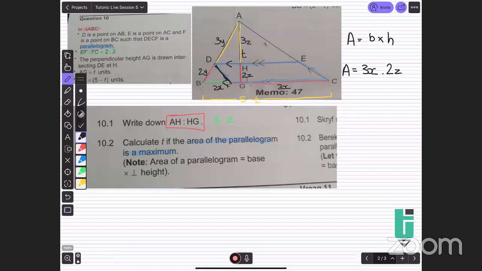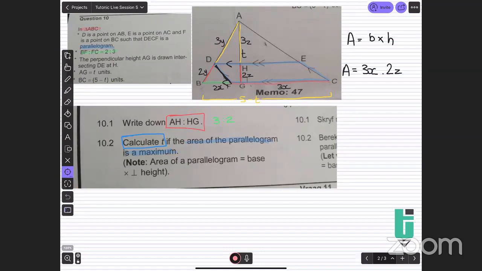Okay. What's the problem now, Hamza? You have two different variables. What's the variable that you want? I think t. You want t, because they want you to calculate t. So you don't want x or z.